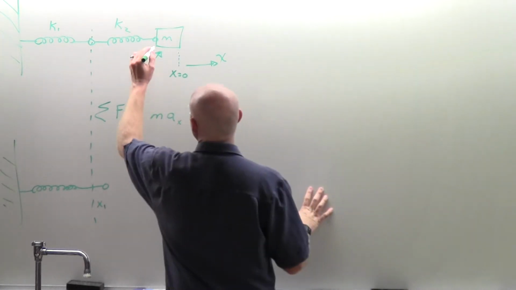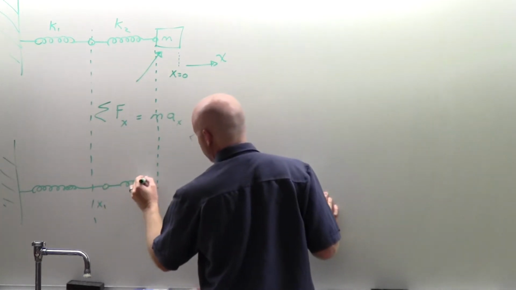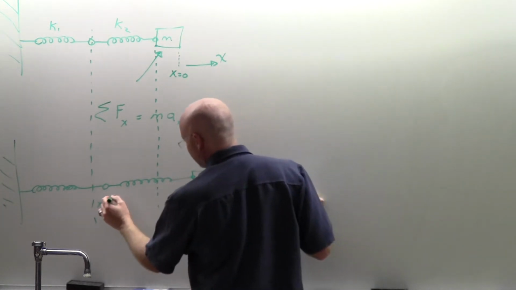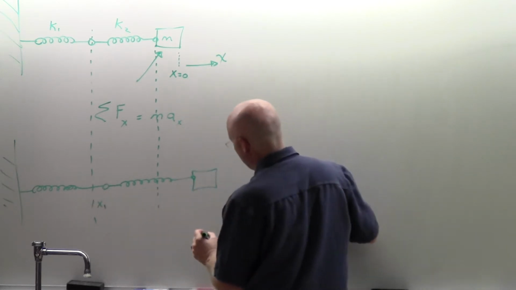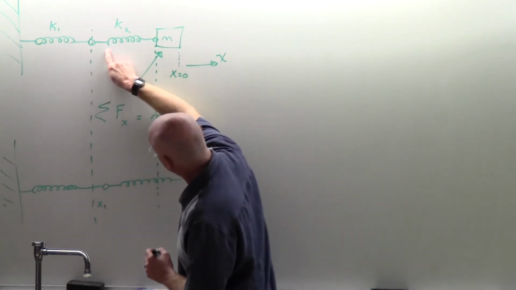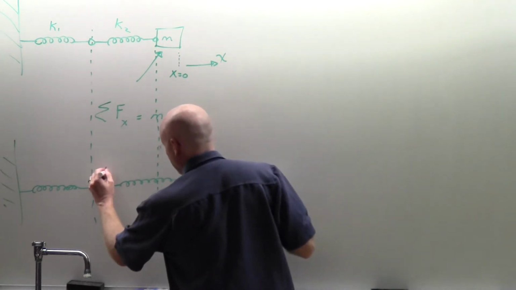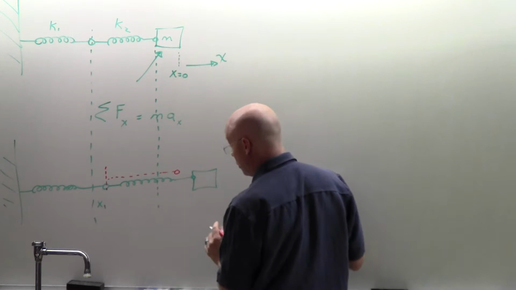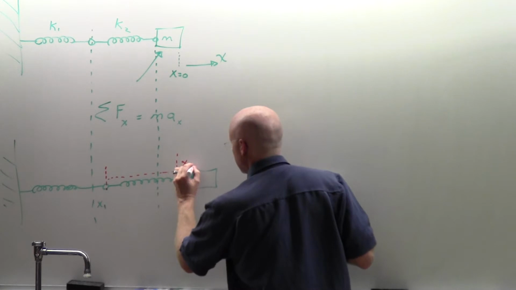And then spring number 2 has also extended, and here's where I want to be careful, because since spring number 2 has shifted over to here, maybe a new color would help, the natural length of spring number 2 may be here, so this distance is x2.